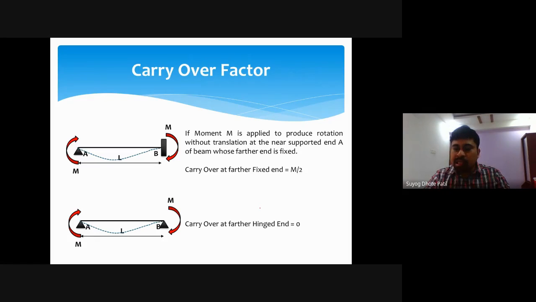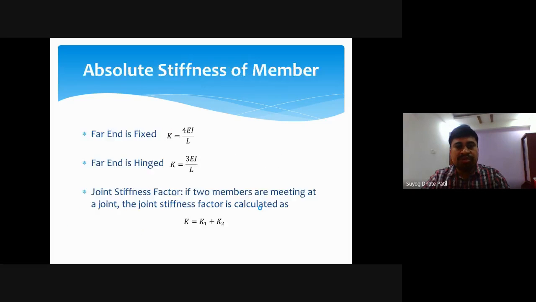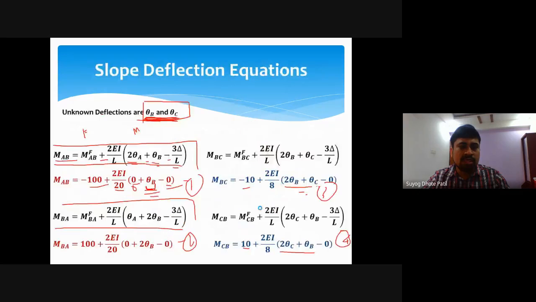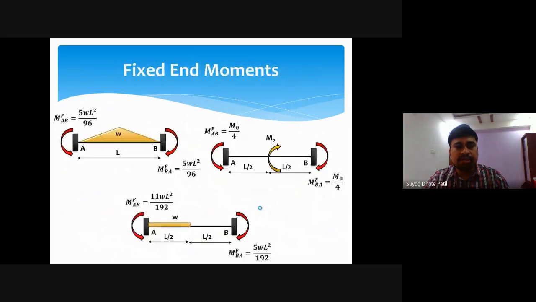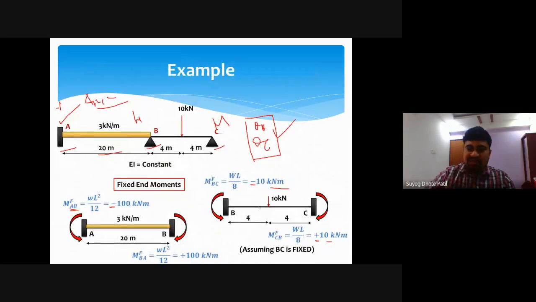Then the carryover factor. Suppose I have considered joint B, and I am doing the calculation for the moment at joint B, where joint A is fixed and joint C is hinged.